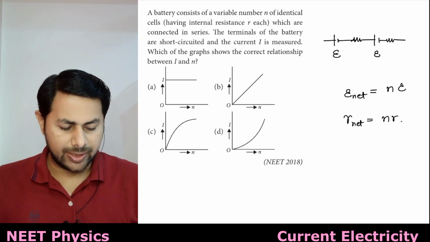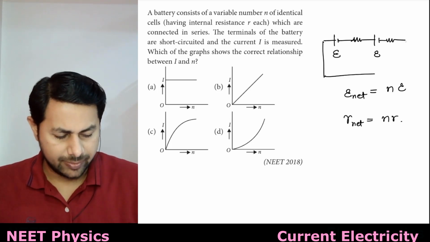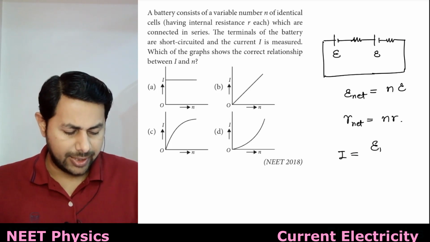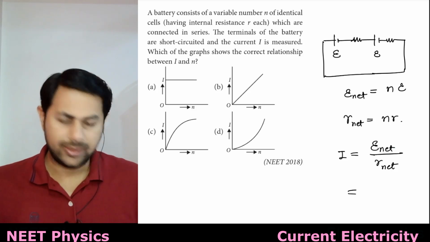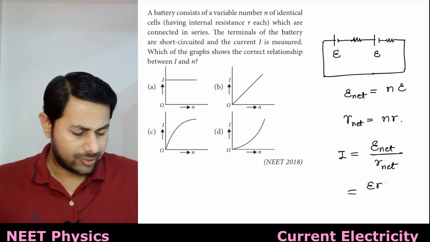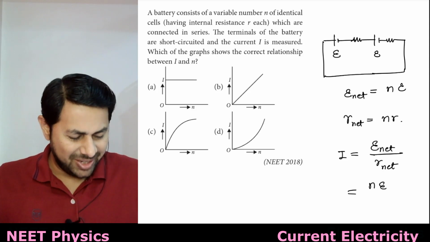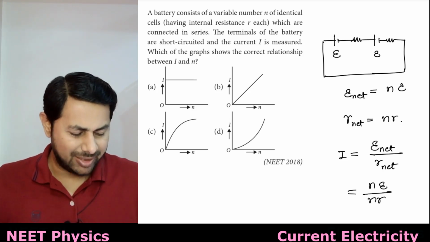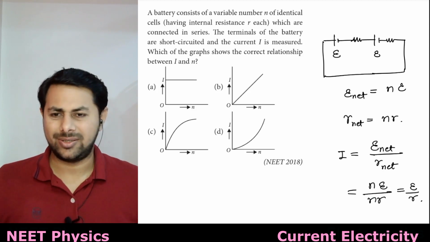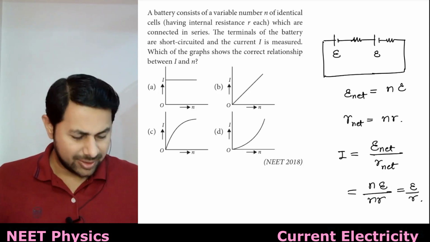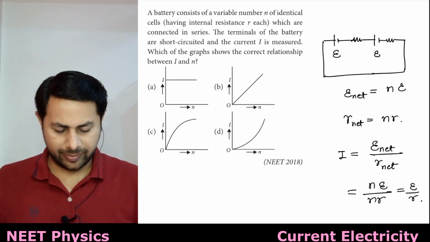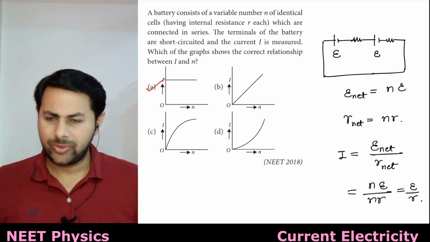Then what will be the current if you short circuit them? The current will be equal to net EMF divided by net resistance. So that is n times E divided by n times r, and n gets cancelled. What remains is E divided by r. So when you connect one cell or n cells, the current will remain the same. Therefore it is option A.